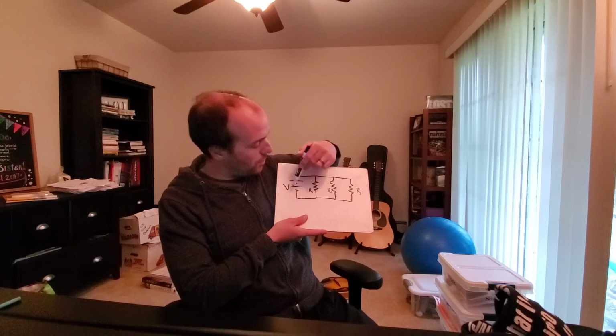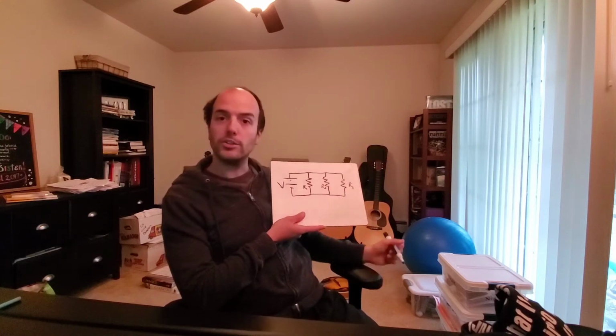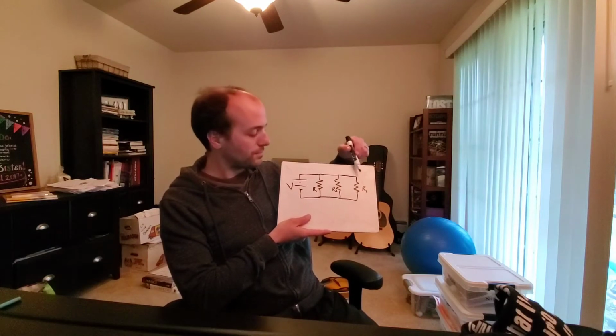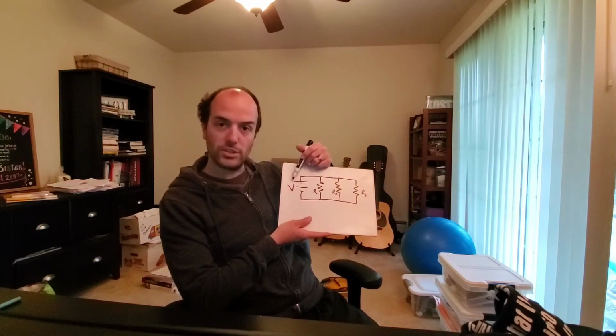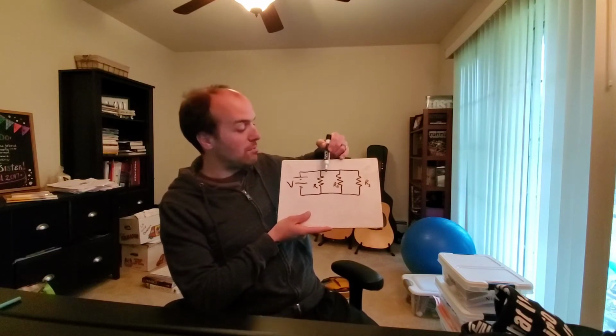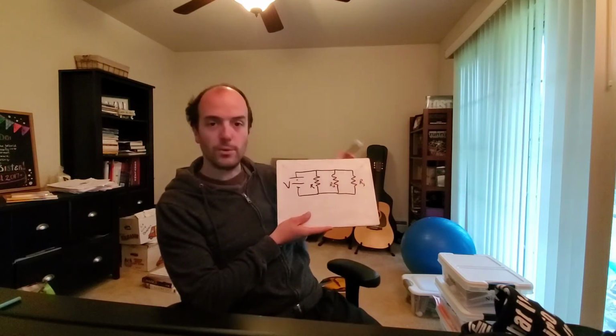R3 can make its own closed loop. Right? So what does that mean? Well, that means the voltage across each resistor is exactly equal to the voltage of the source. Well, let me be a little bit more clear. The voltage of each branch is equal to the voltage of the source. Right? So I'm going to write it like this. V total equals V1 equals V2 equals V3 equals dot dot dot.